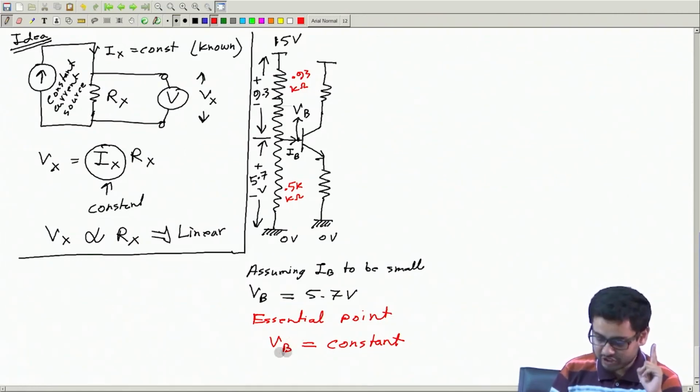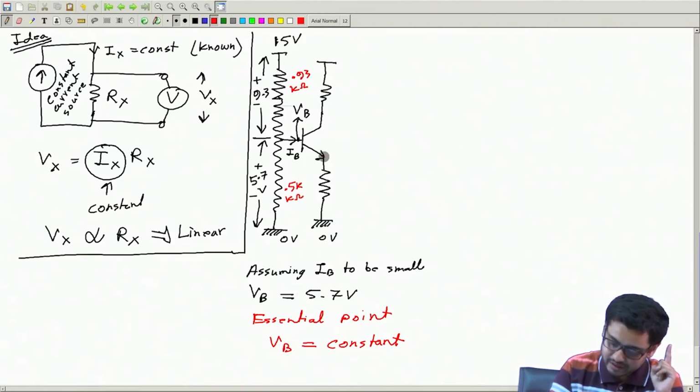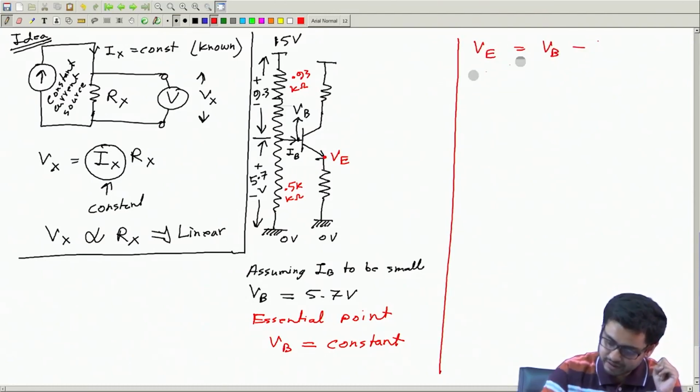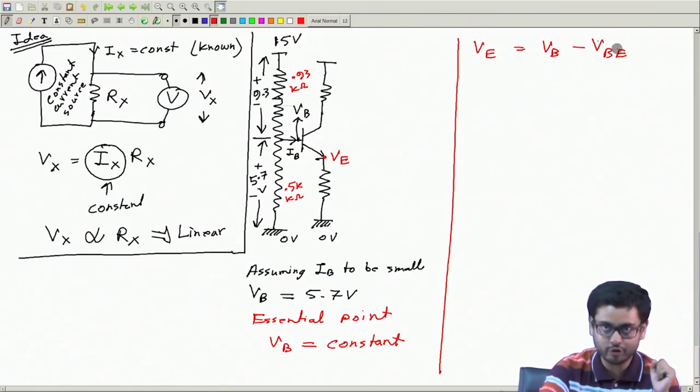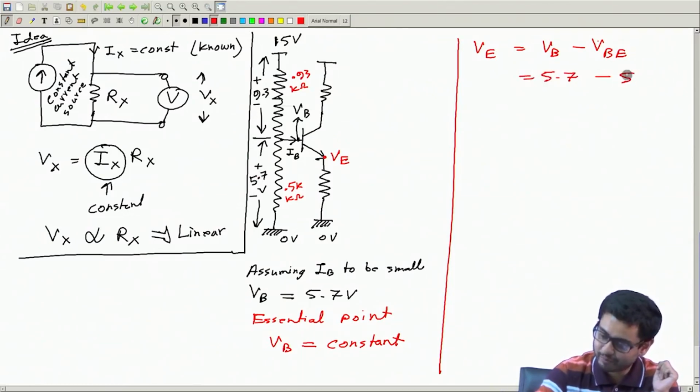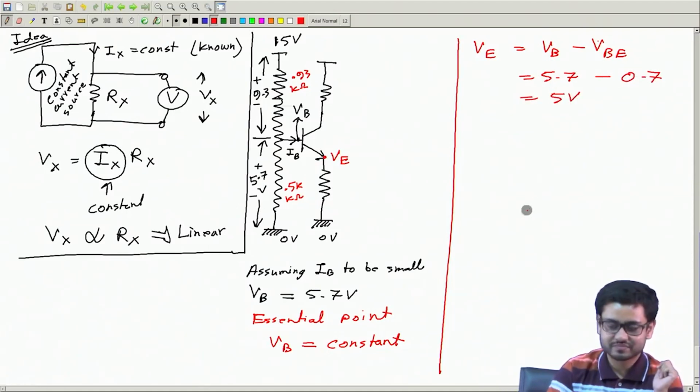Now if I have a constant voltage, then how much will be this voltage? Call this VE. VE will be VB minus the drop VBE, which is normally 0.7 volt. That's why I have taken it 5.7, so that this becomes 5.7 minus 0.7, so that this is 5 volt. And this is again constant.